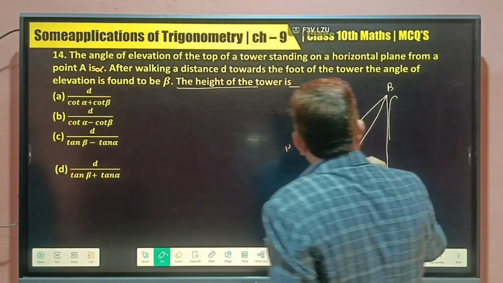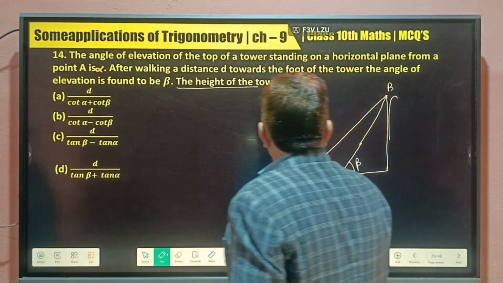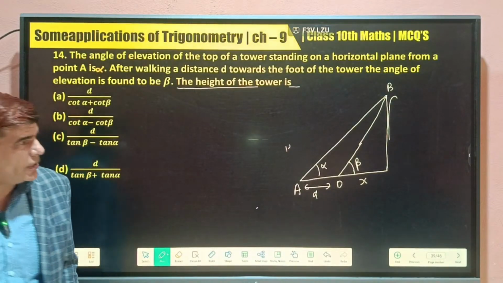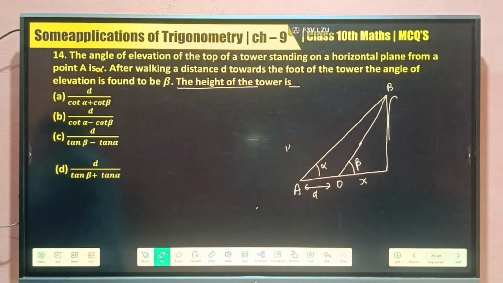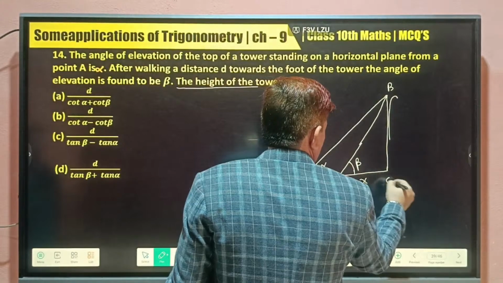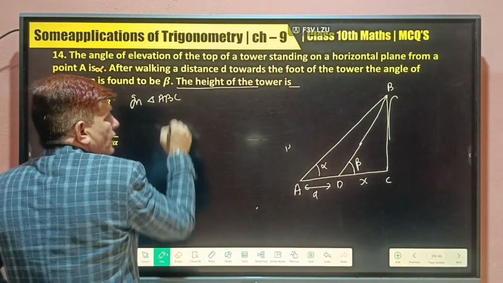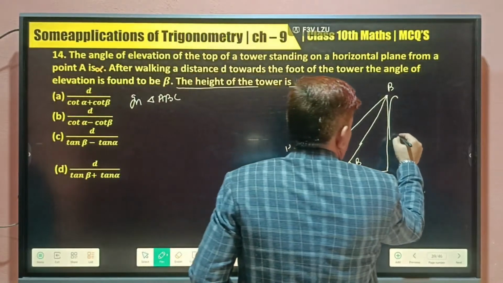This angle is beta. First we are taking triangle ABC. In triangle ABC, H is the height.